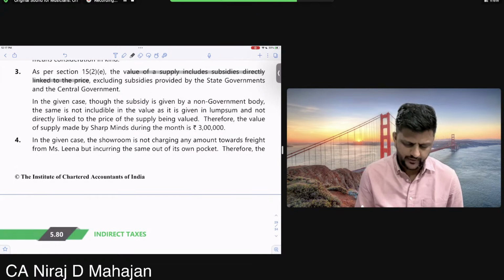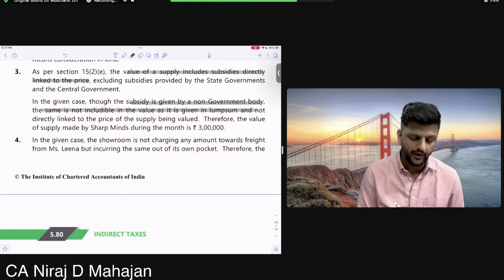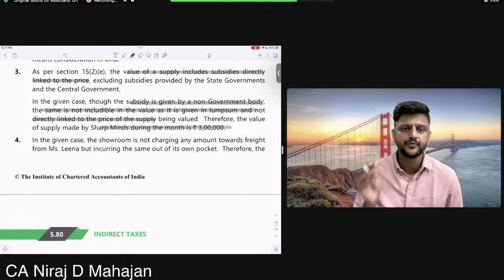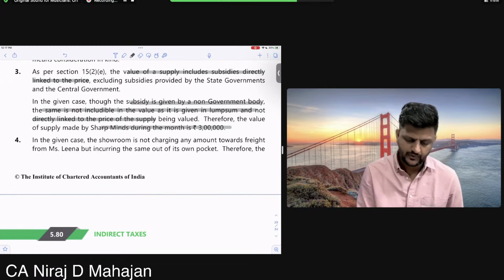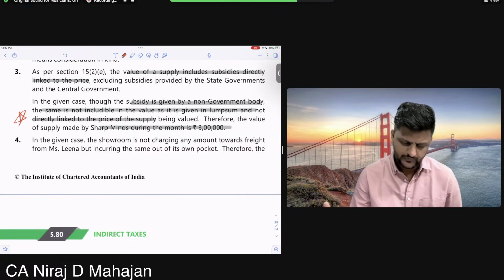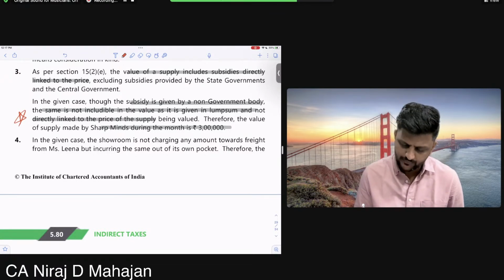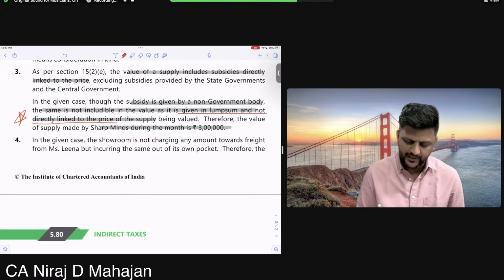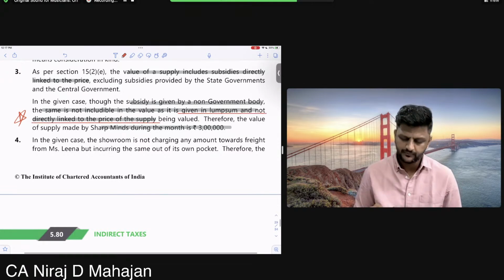Subsidies given by non-government, the same is not included, children, because it is given lump sum and not directly linked to the price. Therefore, whatever it has received in 3 lakhs, that will be the value of supply. Okay. So we don't add back in the value of supply. We will not add. Clear? It was given lump sum and not directly linked to the price of the supply. Okay.